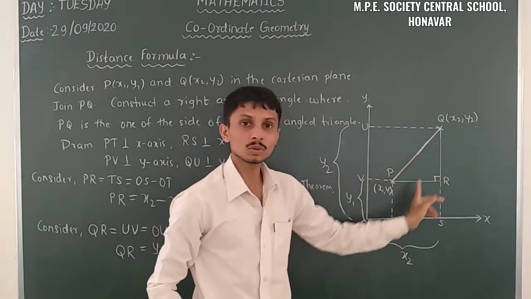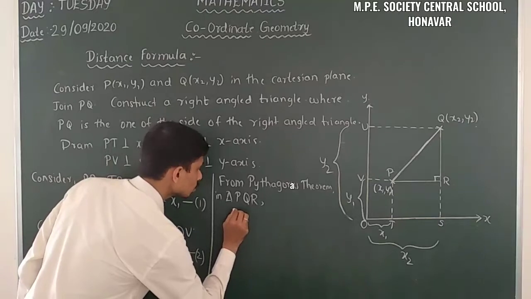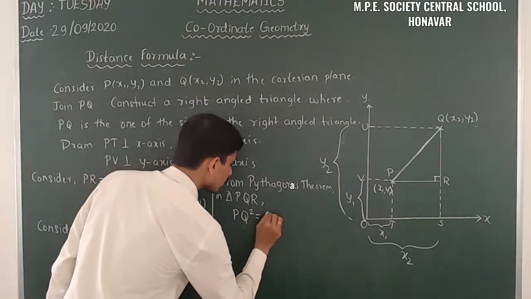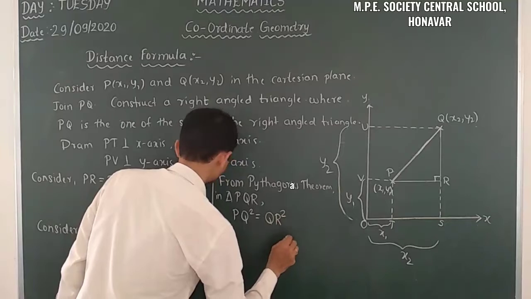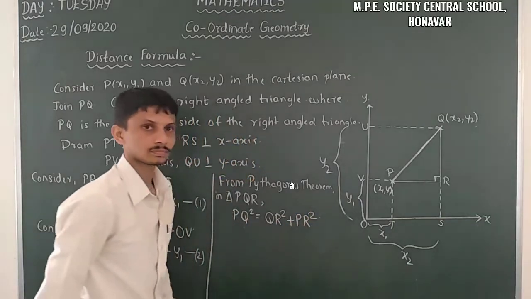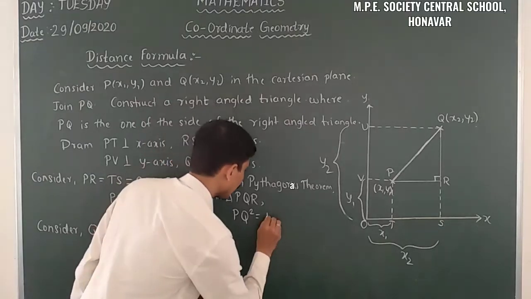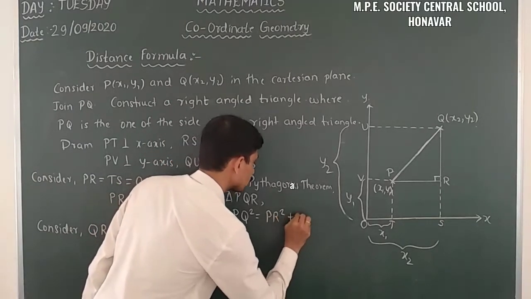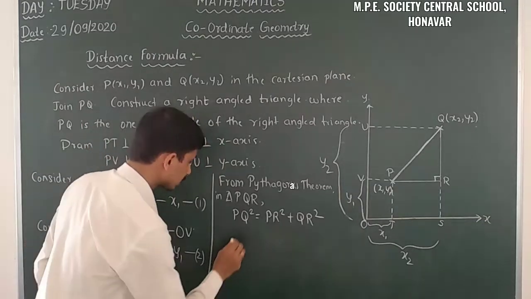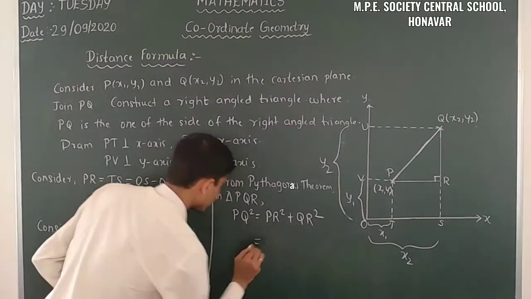Hypotenuse square is equal to the sum of those two squares, that is PQ square is equal to QR square plus PR square. Then substitute the values of PR and QR here. What is the value of PR?